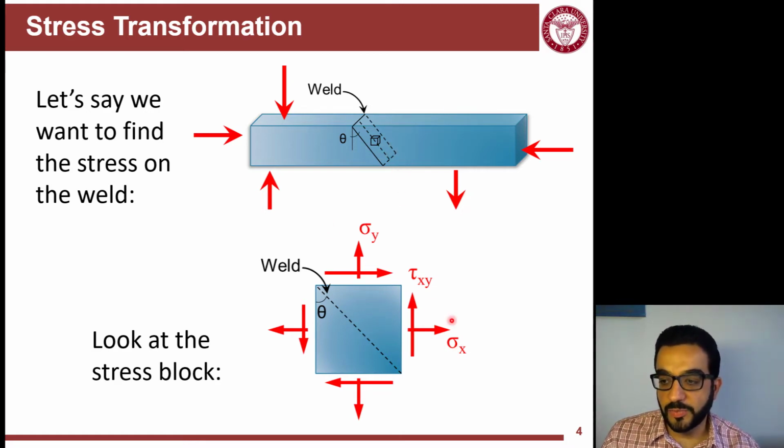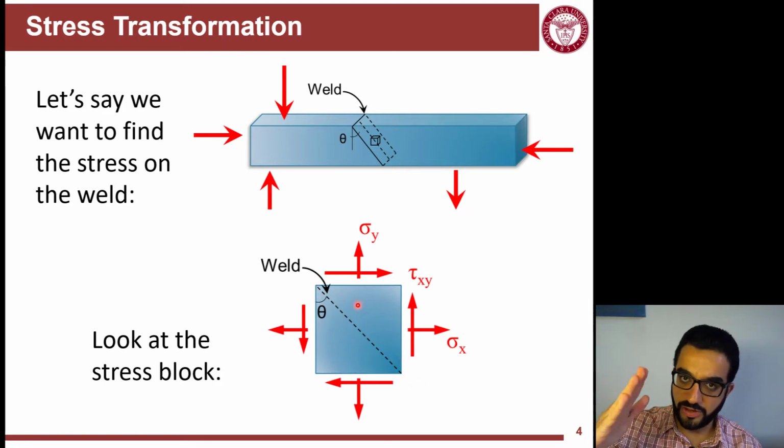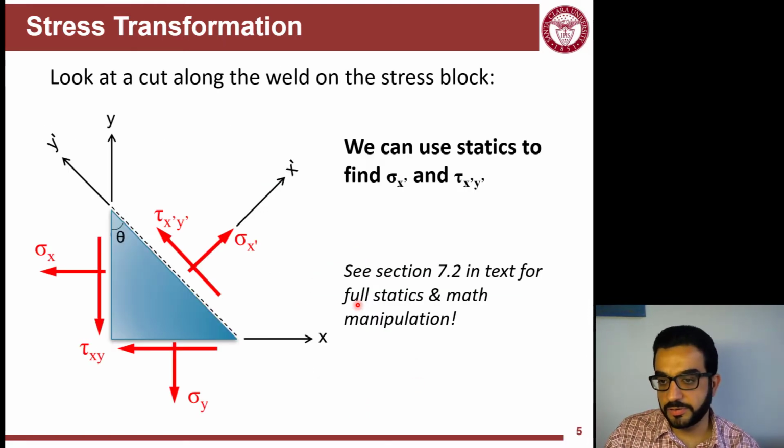So I find sigma x, tau xy, sigma y, and the question is, what would be the values of these stresses when I cut not perpendicular but at an angle of theta? So if you look at this block here, we're trying to figure out the values of stresses when I change my orientation by theta degrees.